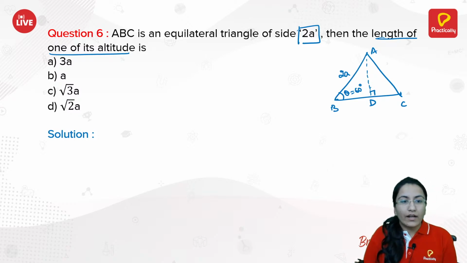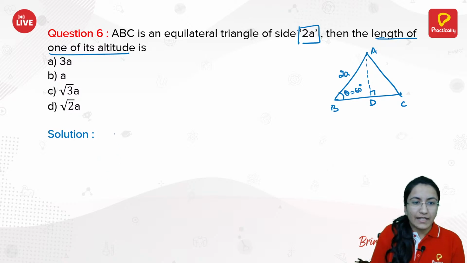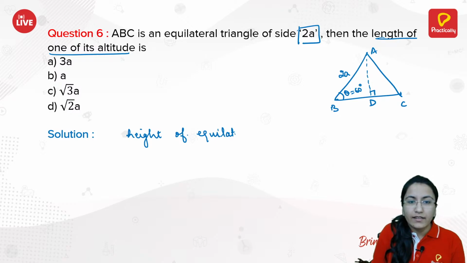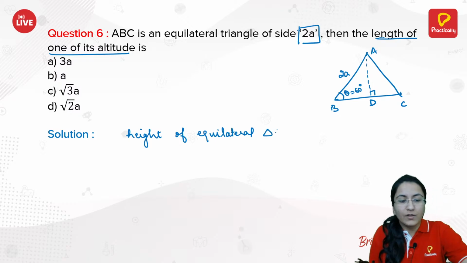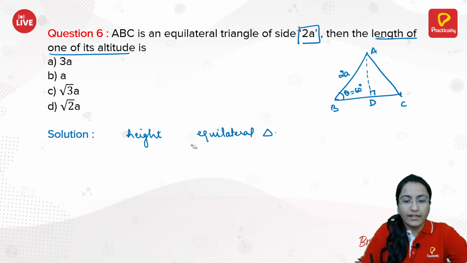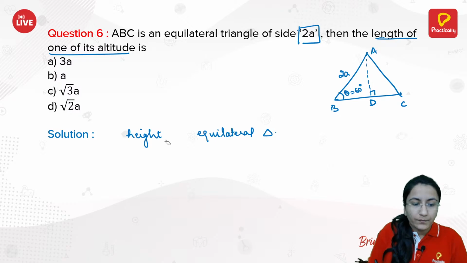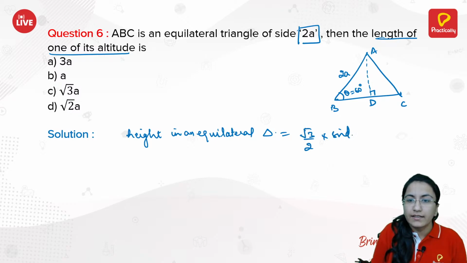Or what I told you in the last sample paper round also, that height in an equilateral triangle is given by root 3 by 2 into side, right?